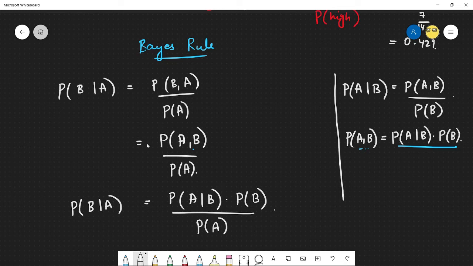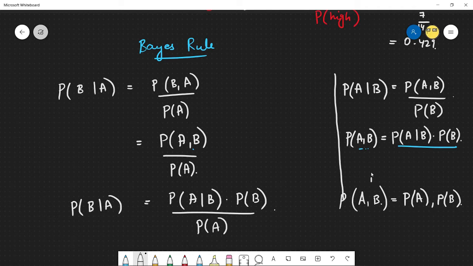I want to add a little side note before we continue and apply what naive Bayes is and how to use it with Bayes' rule. I'll note that if there is no relation between my random variables, so let's say I have random variables A and B, and they are independent of each other, then their joint probability is always going to be the product of their marginal probabilities.